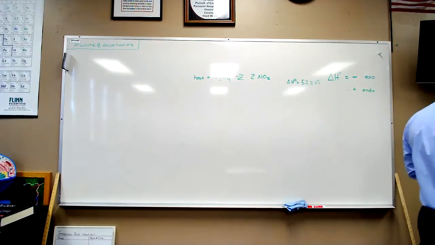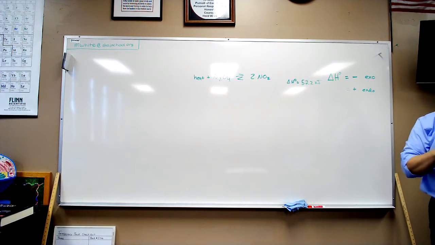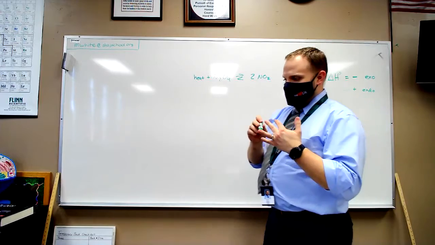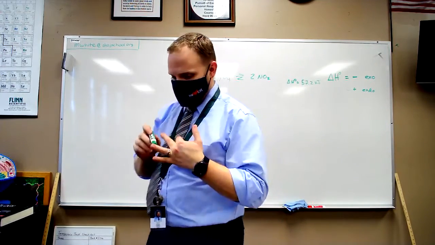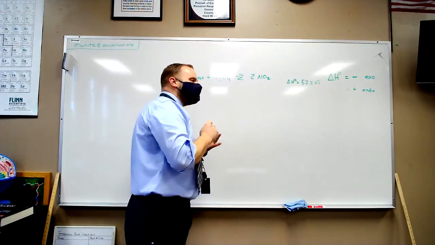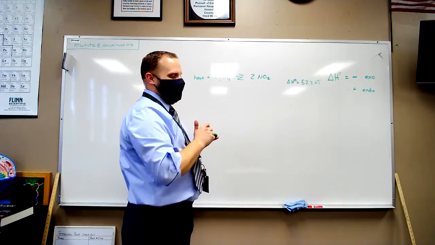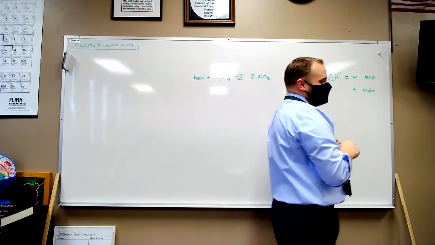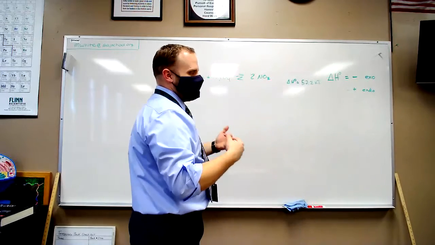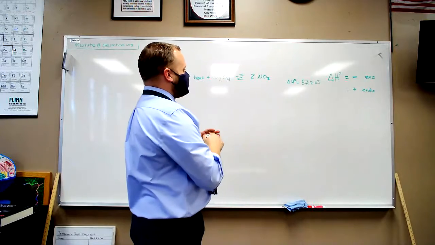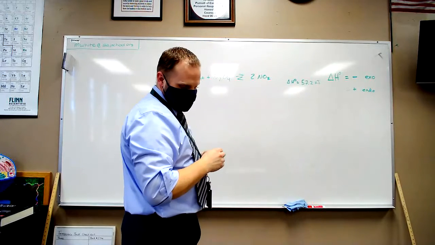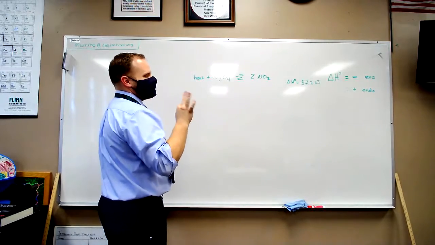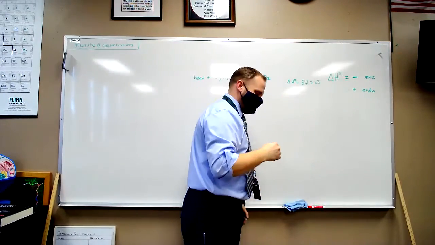So the things that can change equilibrium: concentration, pressure or volume, same thing, and temperature. One thing that does not shift equilibrium is a catalyst. A catalyst can make you get to equilibrium faster, but it doesn't change where the equilibrium is. So there are three things that we need to be concerned about with shifting equilibrium, Le Chatelier's principle.